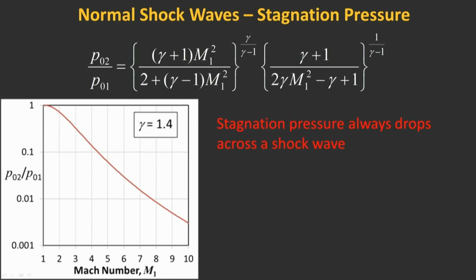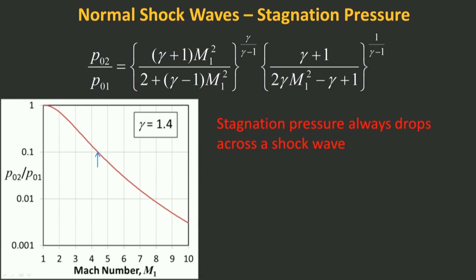This plot shows the stagnation pressure ratio ranging from 0.001 to 1 on a logarithmic scale. You can see that for gamma equals 1.4, the ratio is 0.1 when the Mach number upstream of the shock is around 4.4. So we lose 90% of our stagnation pressure across a normal shock wave at that Mach number.